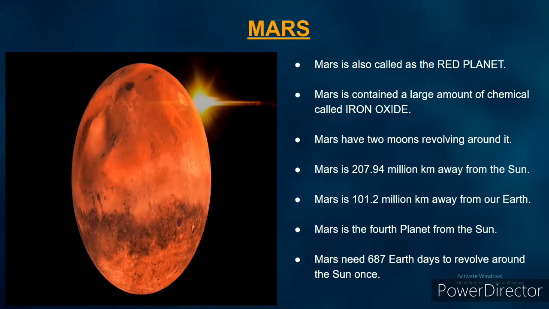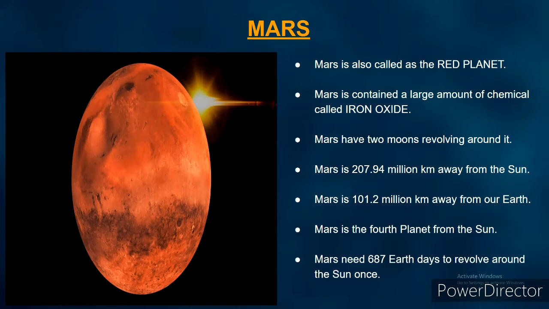Now see, this is the Mars. Okay, everyone wants to go to Mars. So here is our Mars. Mars is also called as the red planet. Mars has contained a large amount of chemical called iron oxide. Mars has 2 moons revolving around it. Mars is 207.94 million kilometers away from the Sun.